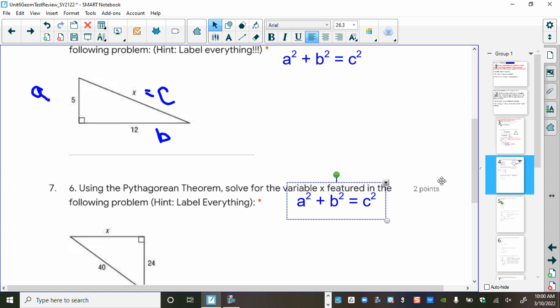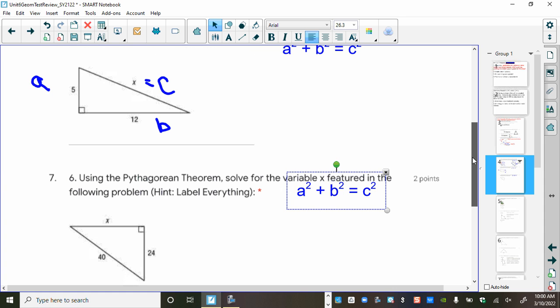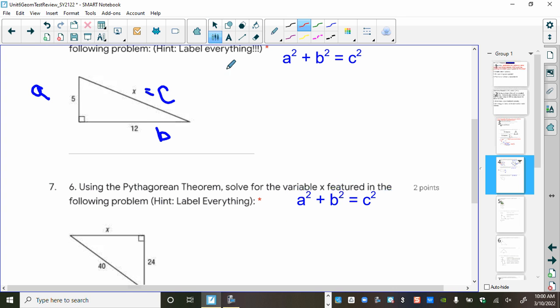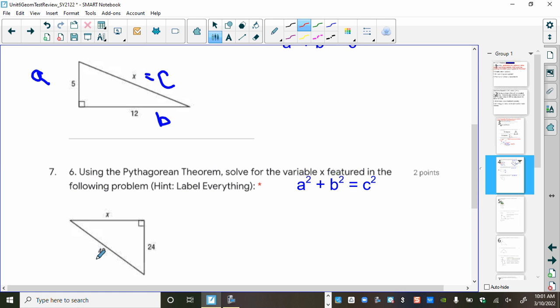Both cases, these two problems, you're going to have to follow this rule. Now, unlike this problem here, which one's our hypotenuse? 40 is the hypotenuse.